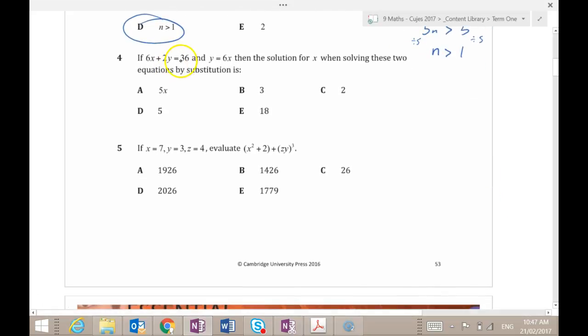6x plus 2y equals 36 and y equals 6x. The solution for x when solving these two equations by substitution. So we've got our two equations. Which one are we going to substitute into the other one? Anyone? Which one is already rearranged so that it's y equals something or x equals something? Isn't it equation 2?